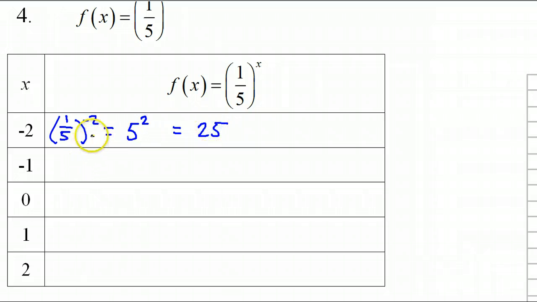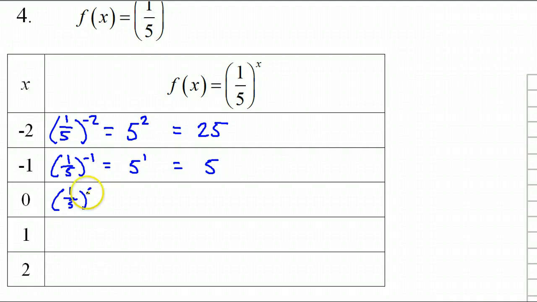All right, so this looks very similar to the previous problem. Now I'm going to have 1/5 to the -1 power, which is just going to be 5 to the 1 power, which is just going to be 5. And then I would have 1/5 to the 0 power. All right, anything to the 0 power is 1.